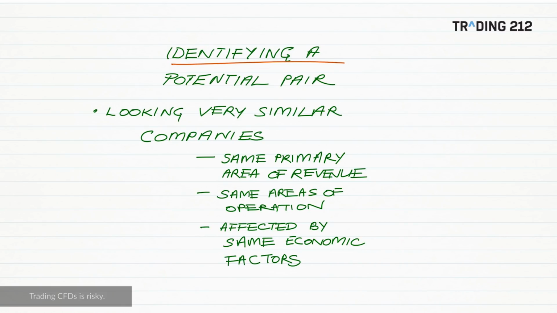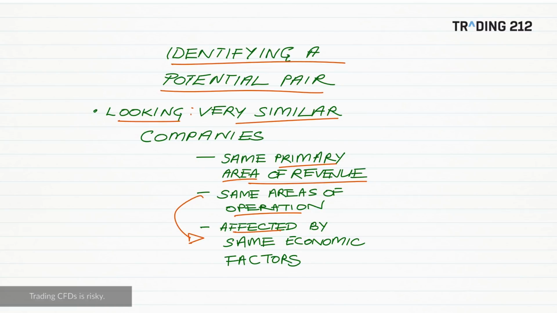When it comes to identifying a pair of equities that we might potentially want to trade, we're looking for very similar companies. We want them to be making their money from the same primary areas, that they operate in the same areas of business, because this is going to mean that they're affected by the same economic factors.